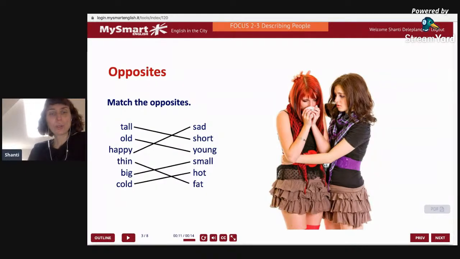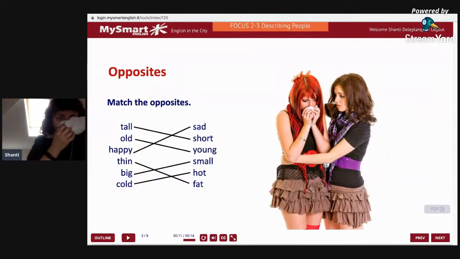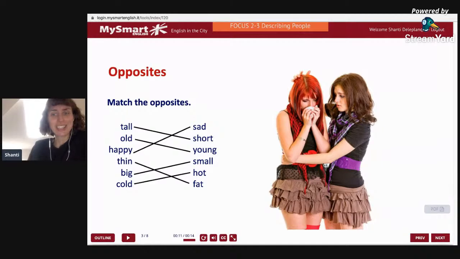Here we have two girls. One is what? The girl with the red hair is... She has a tissue in her hand. She is... So you can say she's not happy. And the opposite of not happy is she is... The girl with red hair.